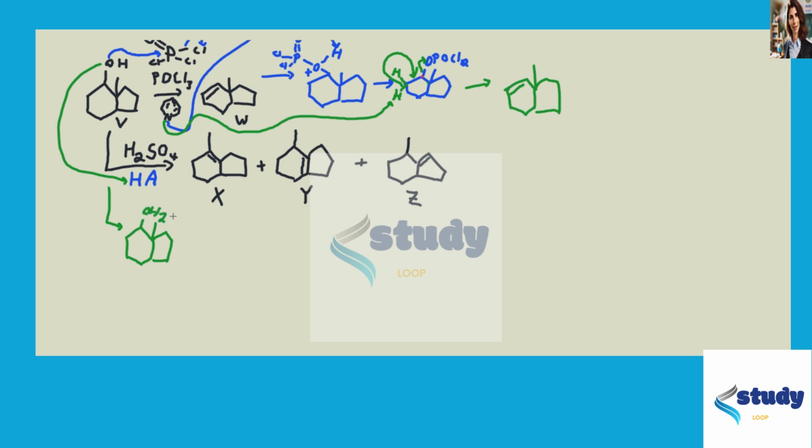It either likes to be neutral or negative. So because of that, this water will spontaneously fall off. And now we have a secondary carbocation. But as you can see here, if we do an R shift using this methyl group, we can get a tertiary carbocation.